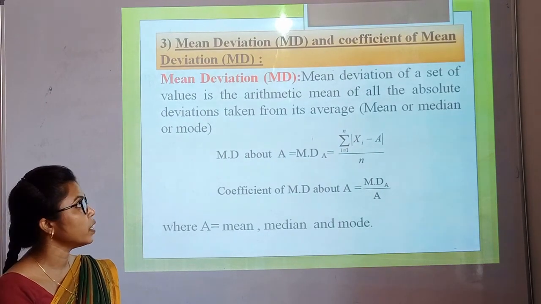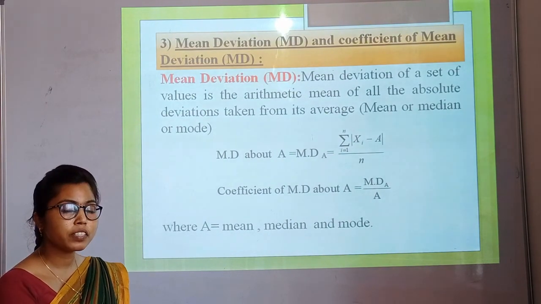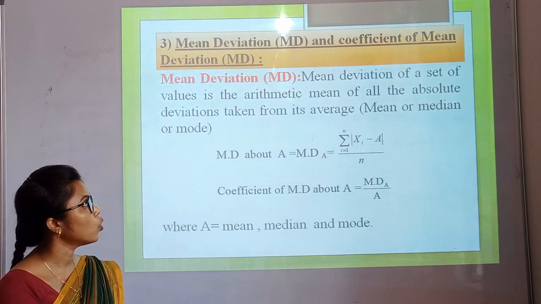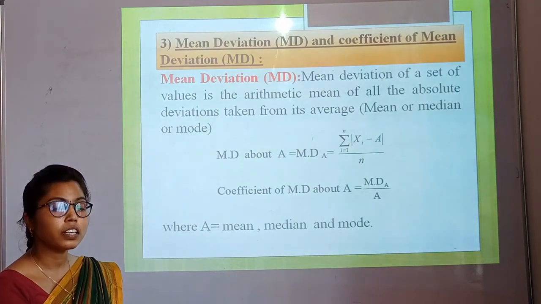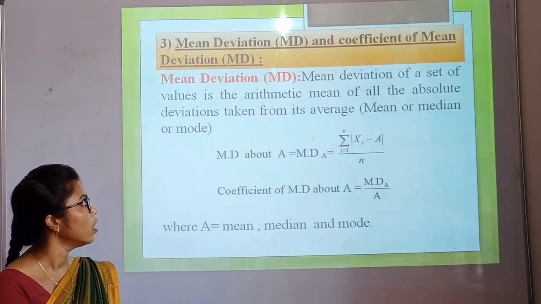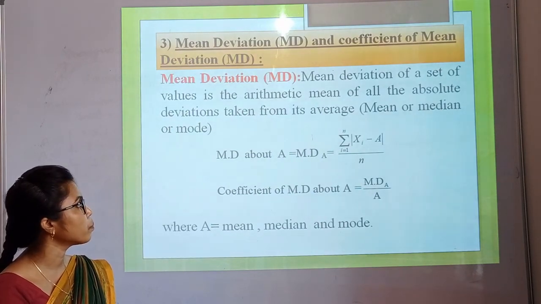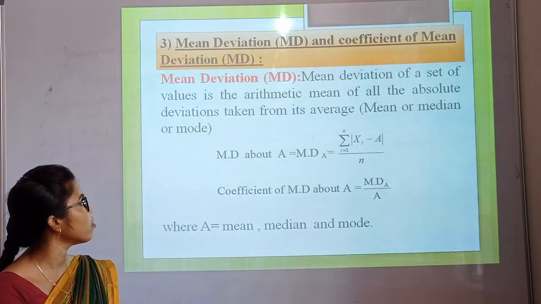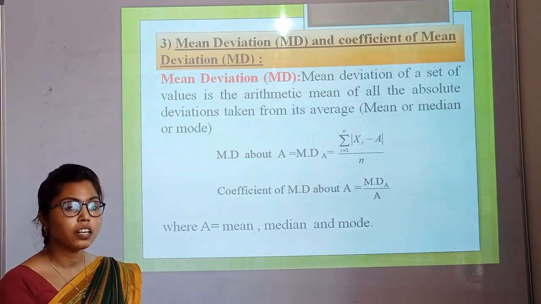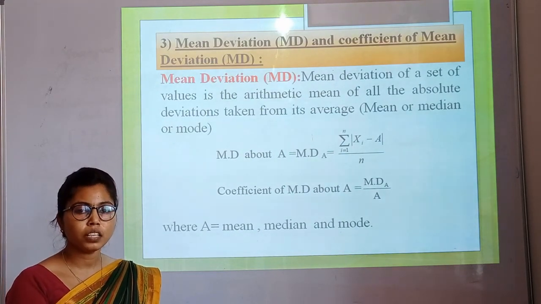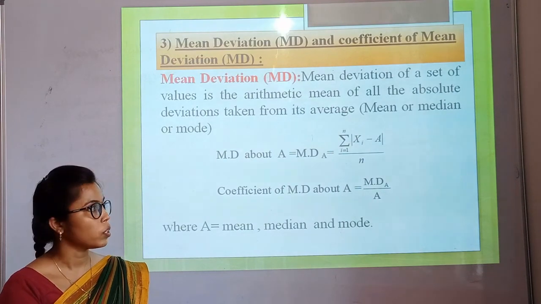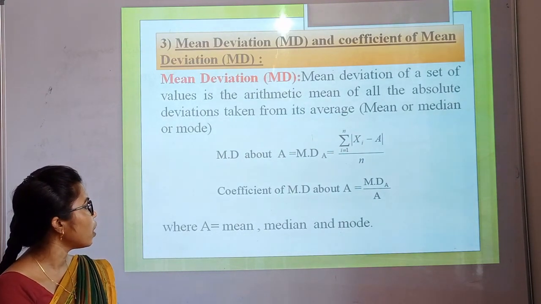Next definition is mean deviation. Mean deviation is an absolute measure and coefficient of mean deviation is its relative measure. Mean deviation is the arithmetic mean of all absolute deviations taken from averages. The averages are mean, median or mode. Let us see the formula.